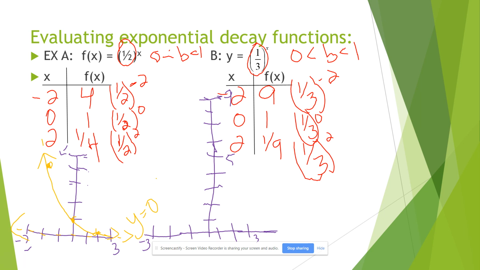And then over here for my 1/3, we have (-2, 9), (0, 1), and (2, 1/9), with our asymptote at y equals 0.